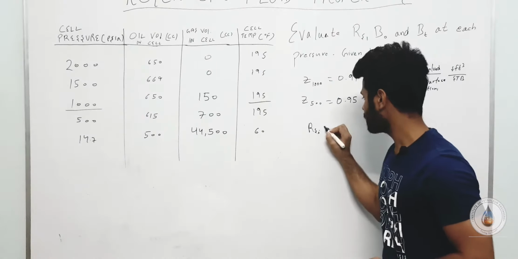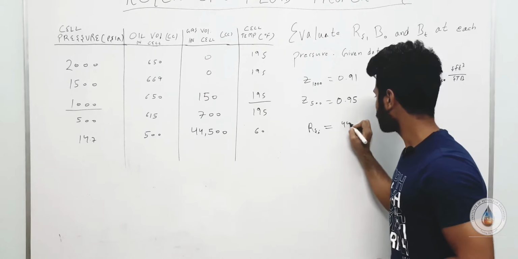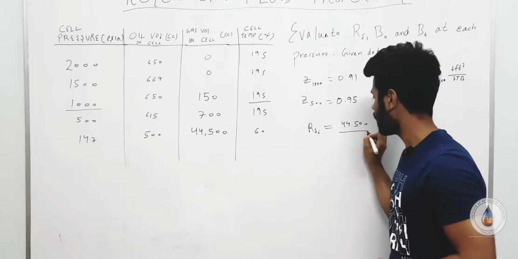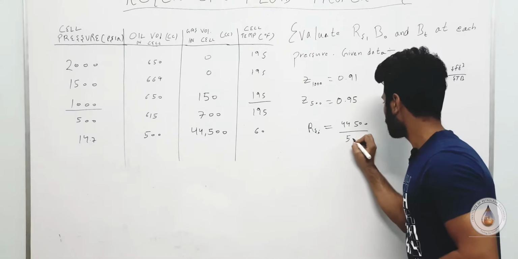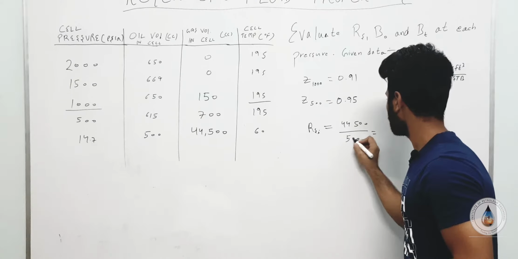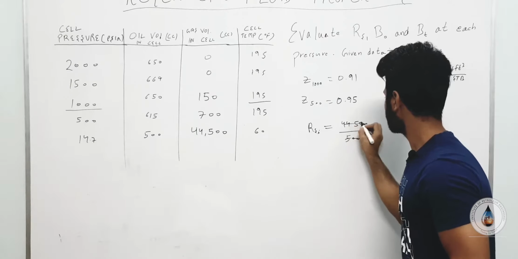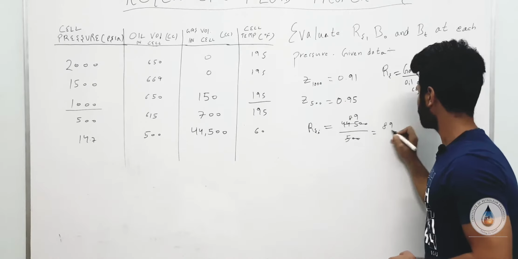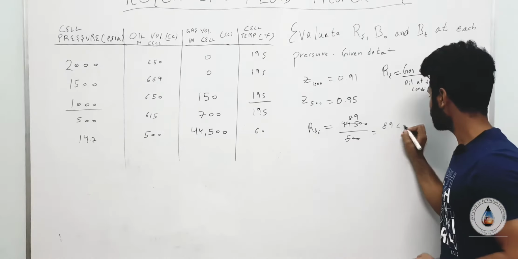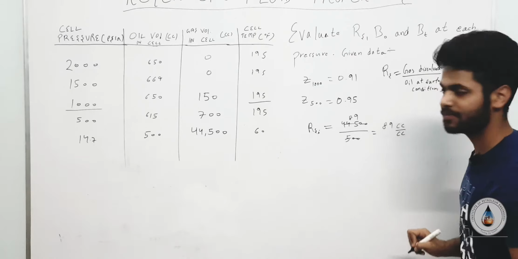So gas solubility at bubble point pressure will be 44,500 upon 500, because we have to find per stock tank barrel of oil. So it will come out to be 89, and this will be in cc per cc.